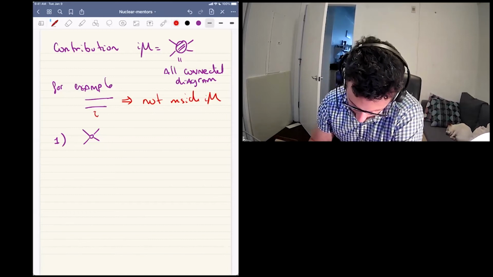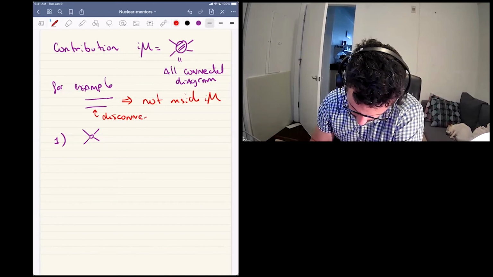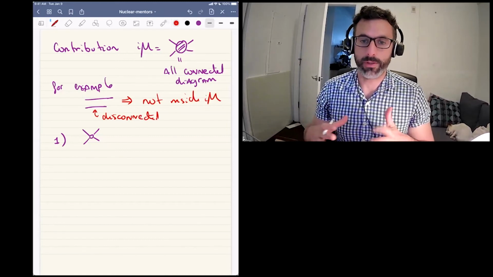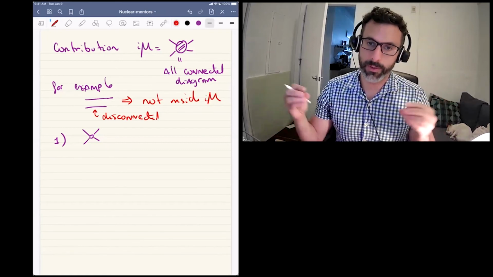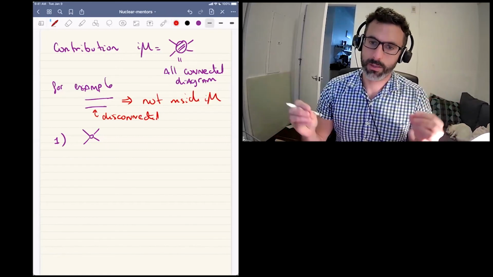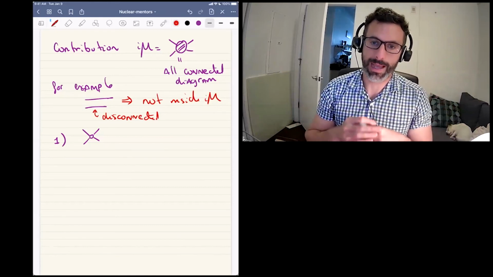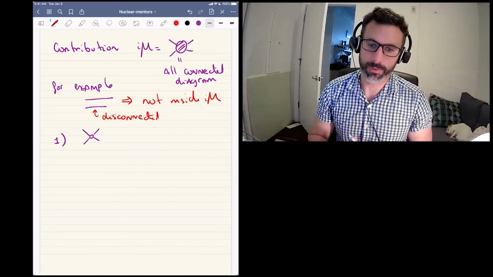This is an example of a diagram that is disconnected. And it makes sense. The particles just travel, they never interact with each other. So it's not going to tell me anything about how the particles scatter off each other. And the particles have to scatter off each other for us to count it as a contribution to a scattering amplitude.